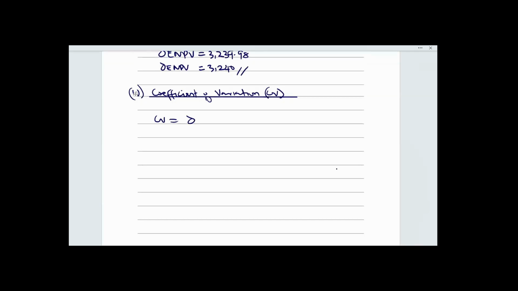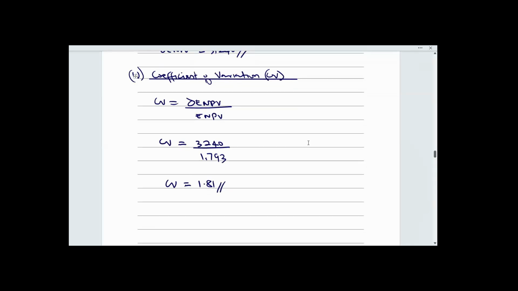Since we have calculated standard deviation of NPV, the coefficient of variation is the standard deviation of NPV over expected NPV. So CV equals 3240, the standard deviation we calculated, over 1793, the expected value we calculated. Therefore, CV is equal to 1.81. It's as simple as that.